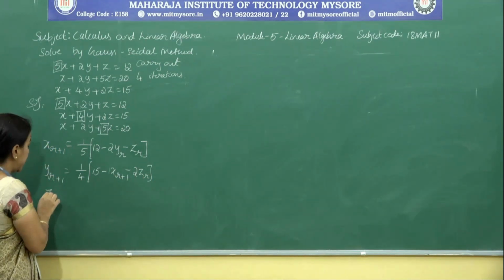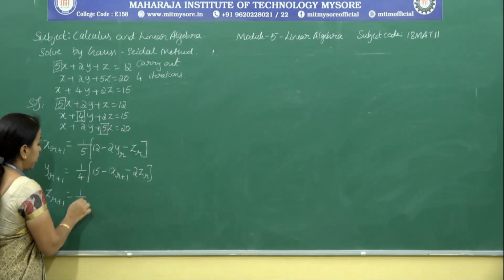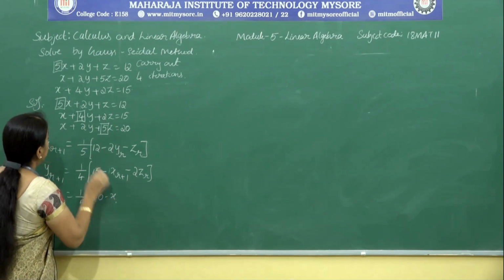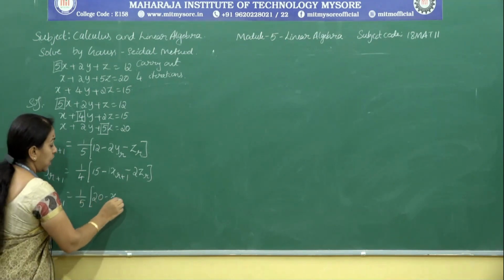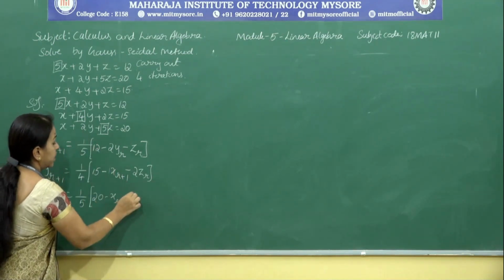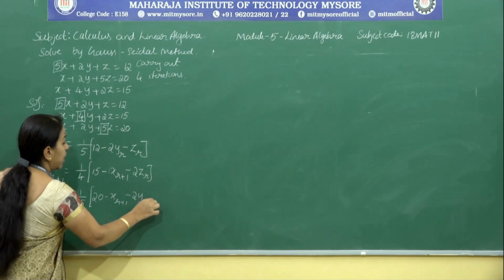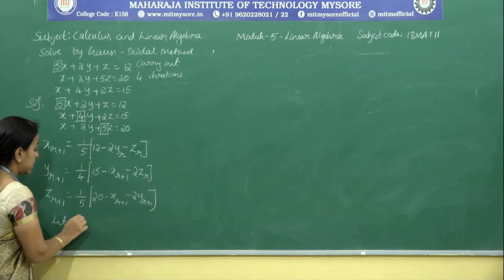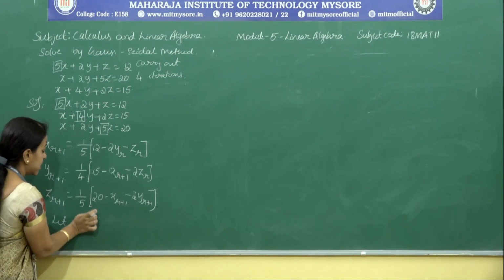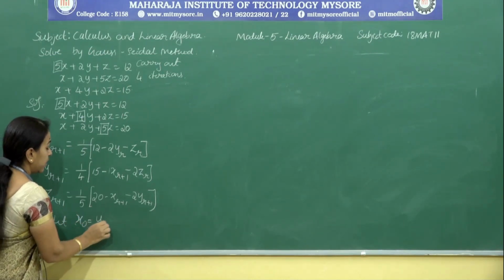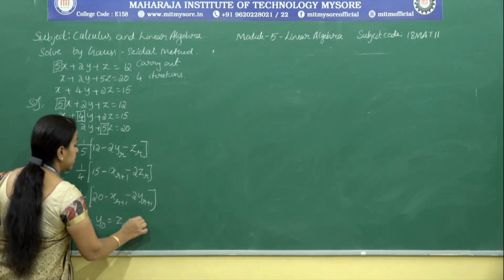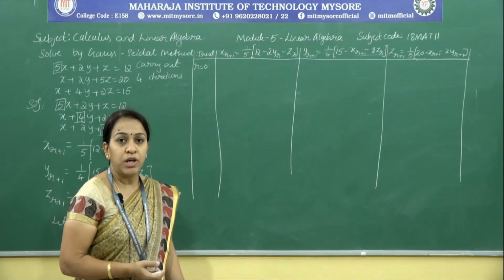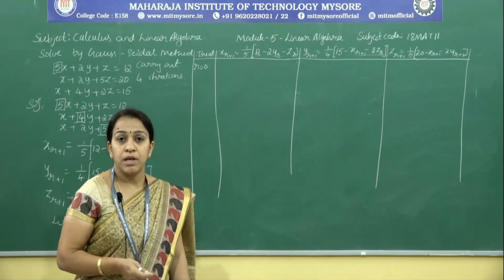And the last one, z(r+1) is 1 by 5 into 20 minus the coefficient of x, which is 1, so x(r+1), and for y it is 2, minus 2 times y(r+1), where we consider the initial conditions x naught, y naught and z naught as 0. We know this, right? So we can solve the system of linear equations by constructing the table like this.